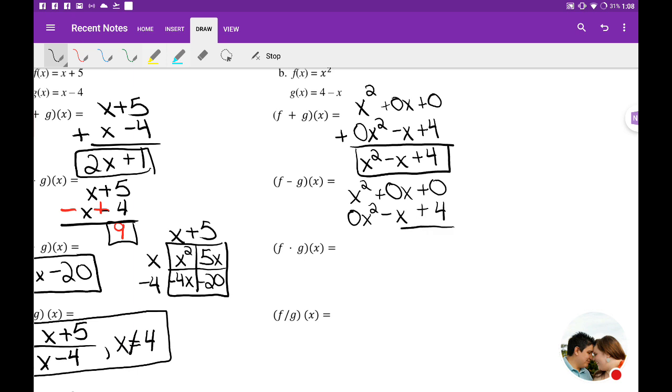And since we are subtracting, that means that we are going to change each sign in the second function. So I have x squared minus no x squareds, that's still x squared. 0x plus x gives me 1x. And 0 minus 4 gives me negative 4.